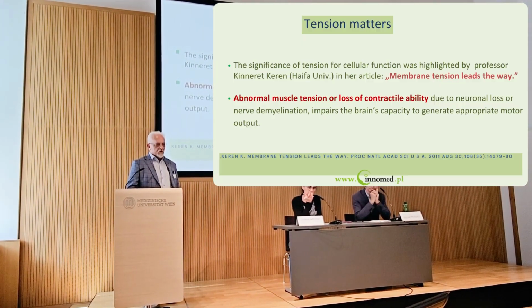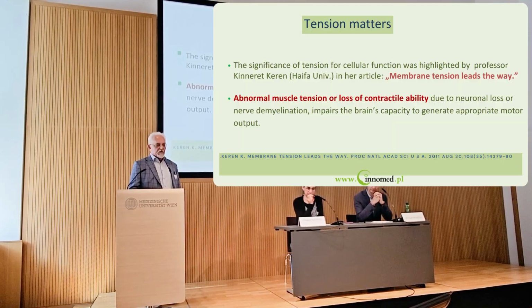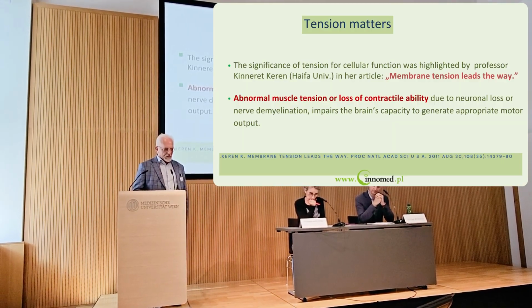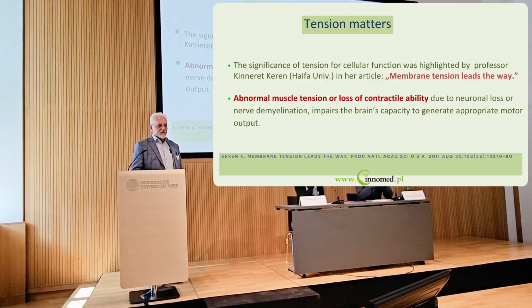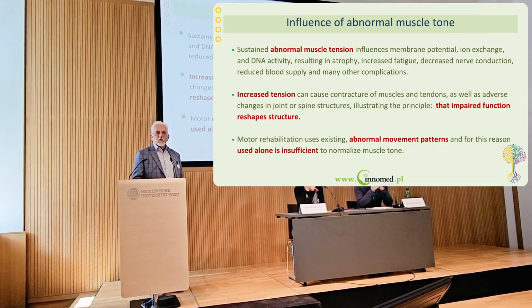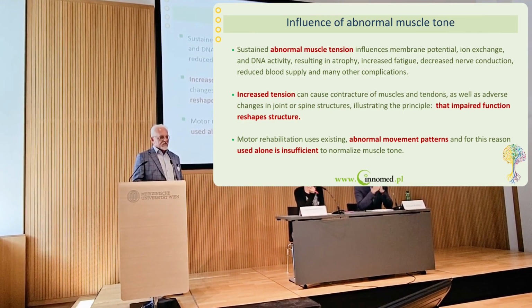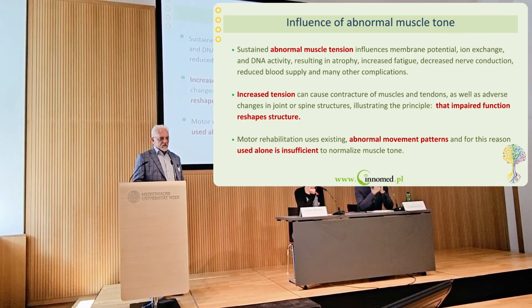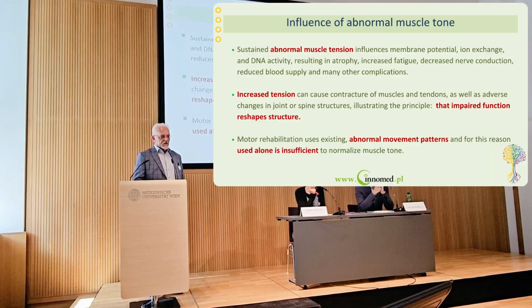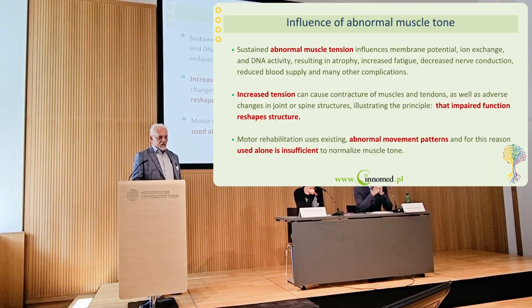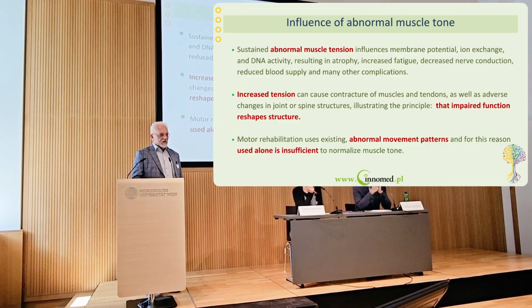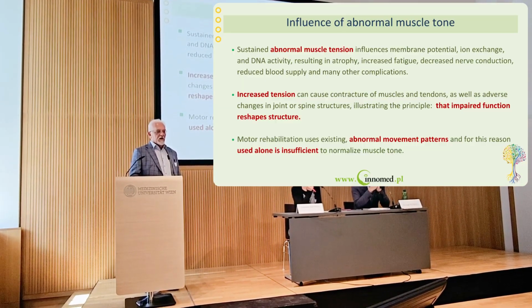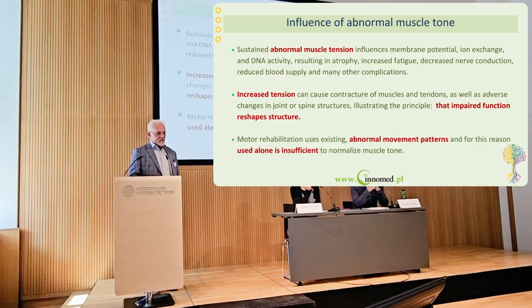Abnormal muscle tension or loss of contractility due to neuronal loss or nerve delamination impairs the brain's capacity to generate appropriate motor output. Sustained abnormal muscle tension influences membrane potential, ion exchange, and DNA activity, resulting in atrophy, increased fatigue, decreased nerve conduction, reduced blood supply, and many other complications.